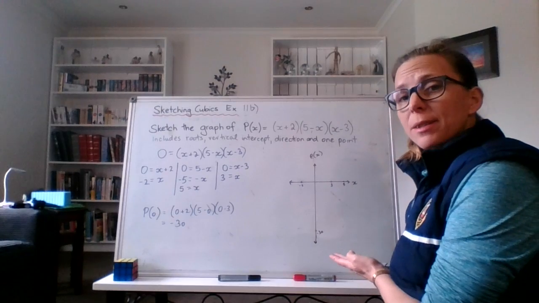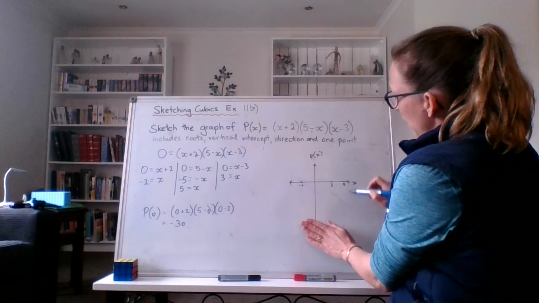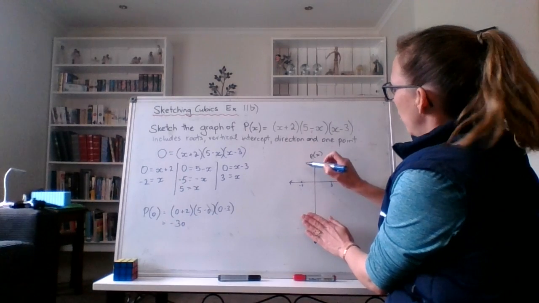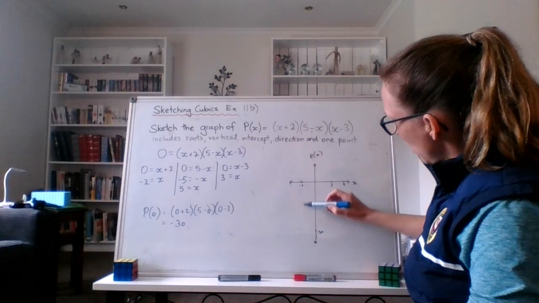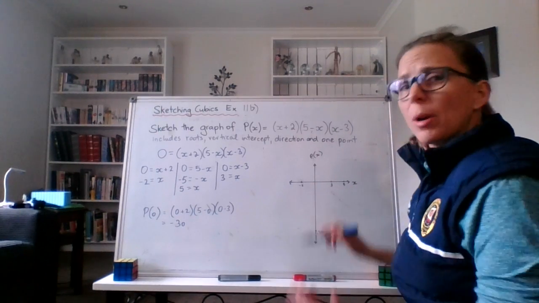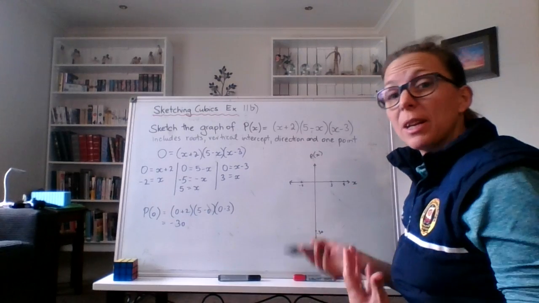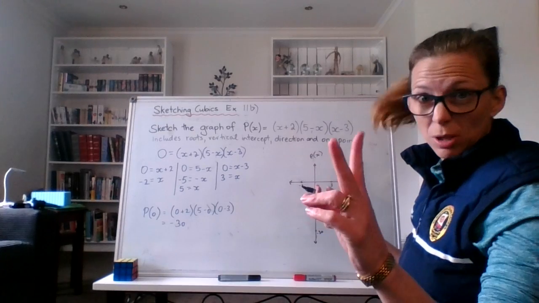Now, because that y-intercept is there, it actually gives us a bit of a clue. Before I had that, I didn't know if my polynomial went this way or whether it went this way. But now, the only way it's going to work is if my line comes down through here and up. So it gives me direction automatically. Now, if I didn't have that, there are 2 things you can do.